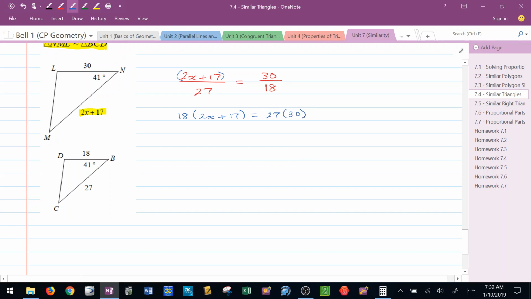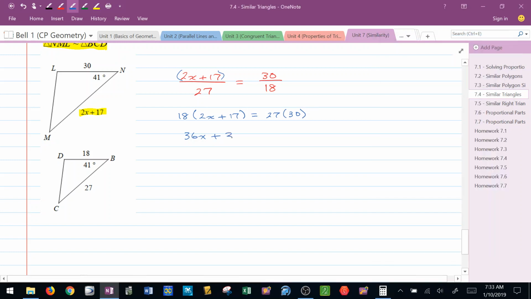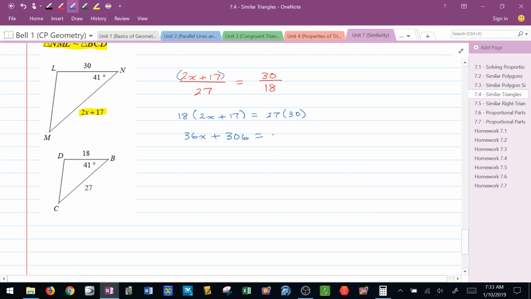times 30. All right. So this would be 36x plus, let's double check, 18 times 17 is 306. And then 27 times 30 is 810. All right.